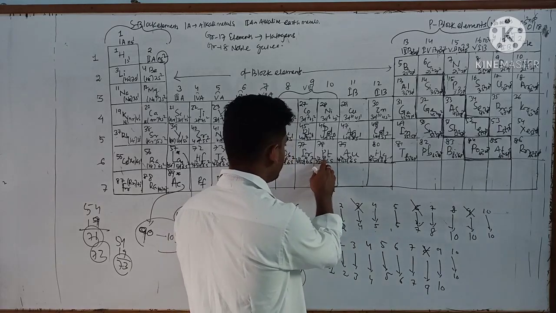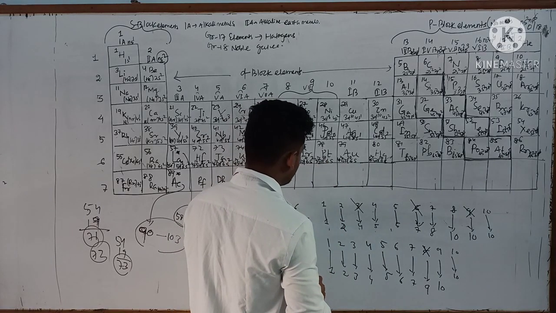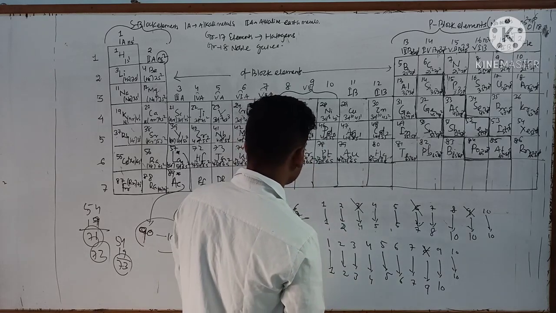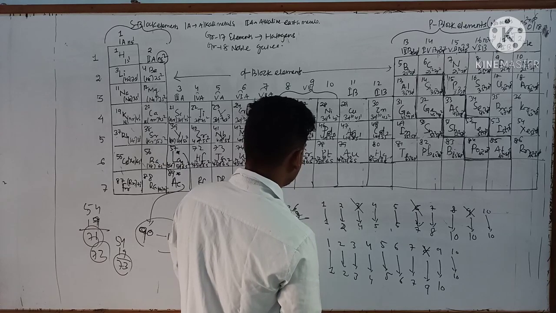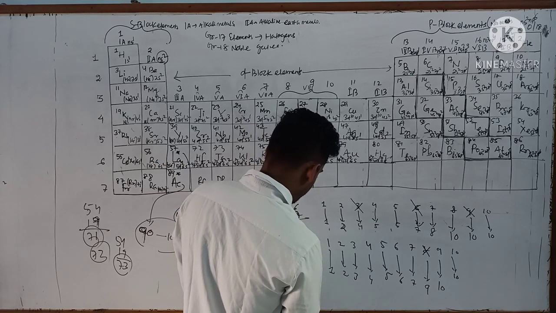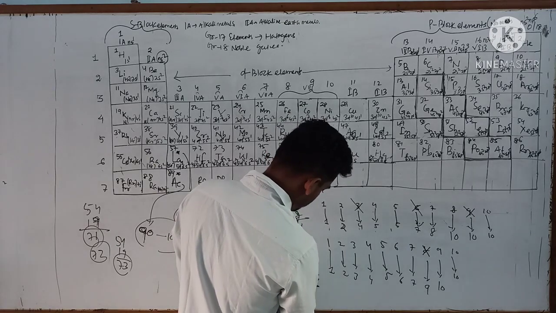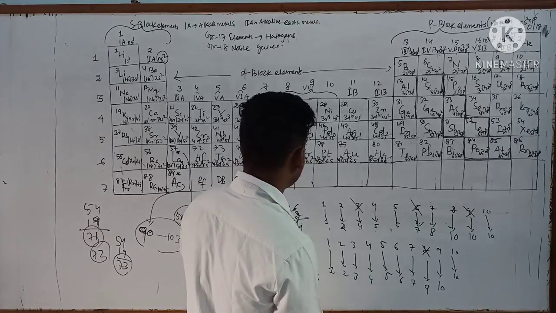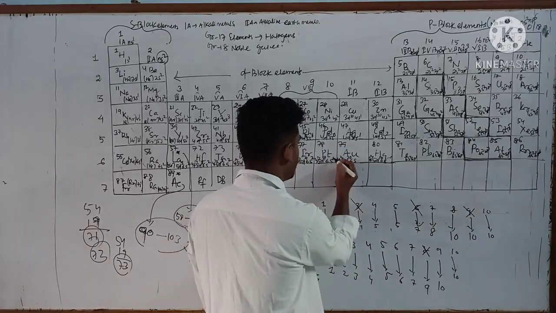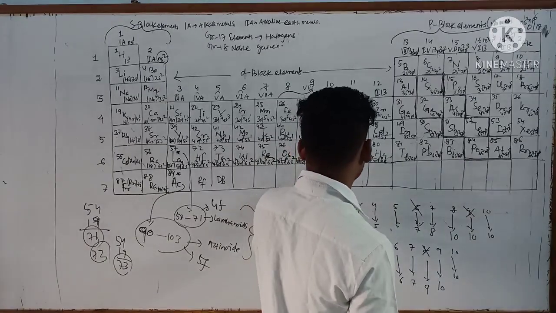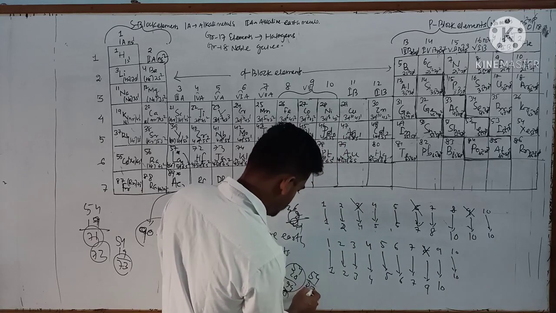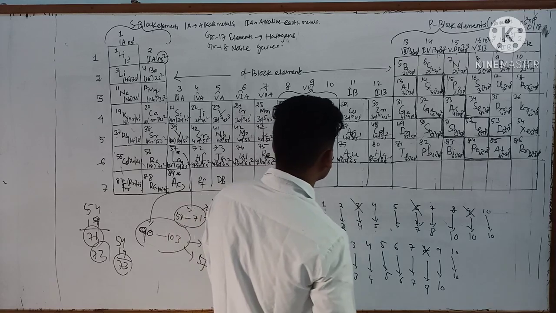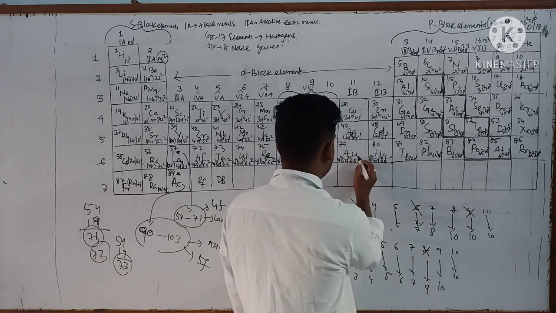And here 14 plus 9, that will be 23, 54 plus 23, 77, okay, 77, so that will be 1. And here 24, 54 plus 24, 78, 78 means that will be 1.